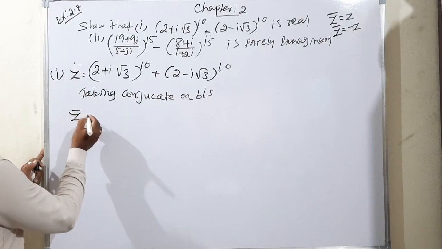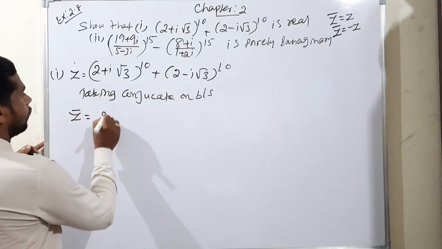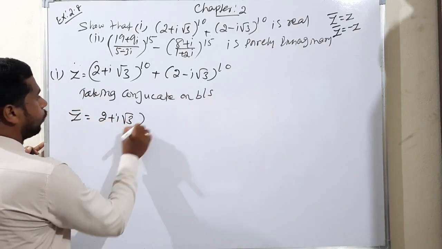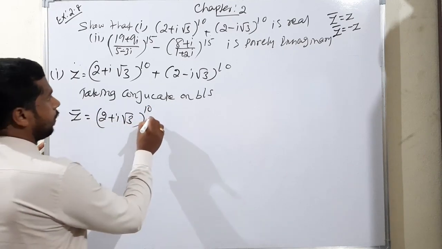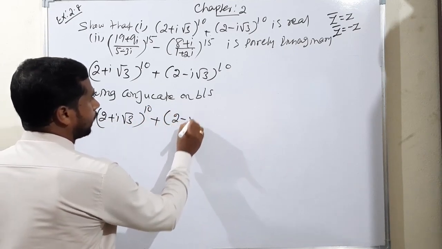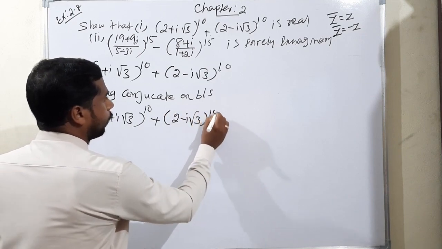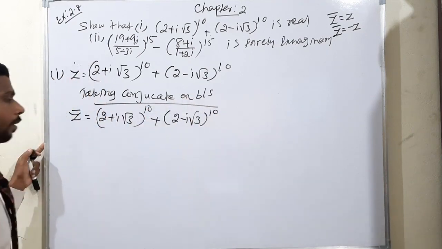Z bar is equal to ((2 plus i root 3) the whole power 10, plus (2 minus i root 3) the whole power 10) the whole bar.